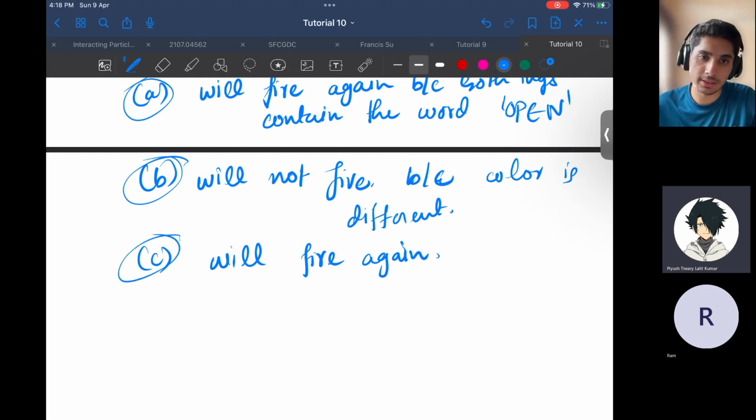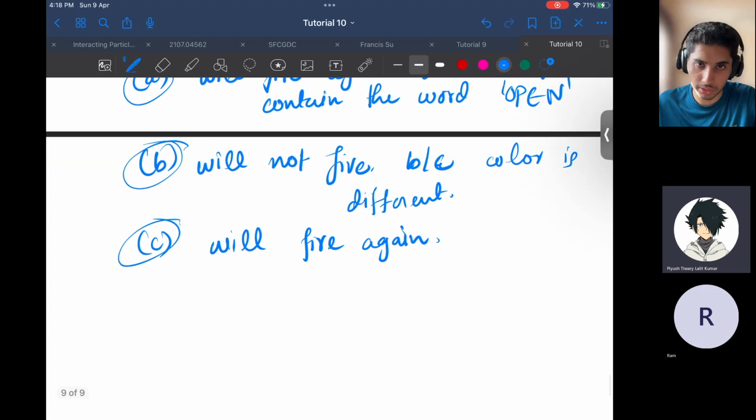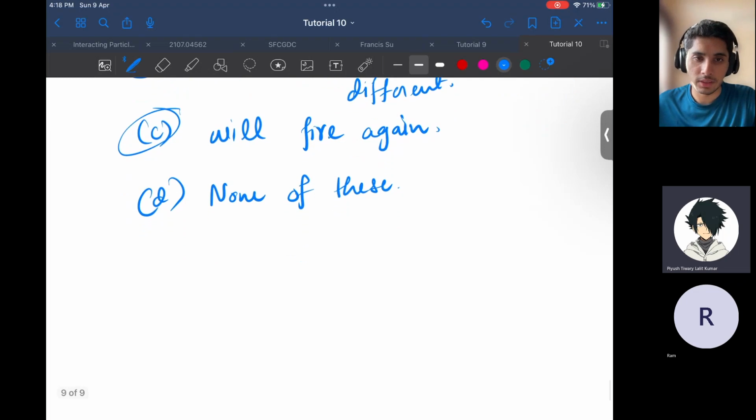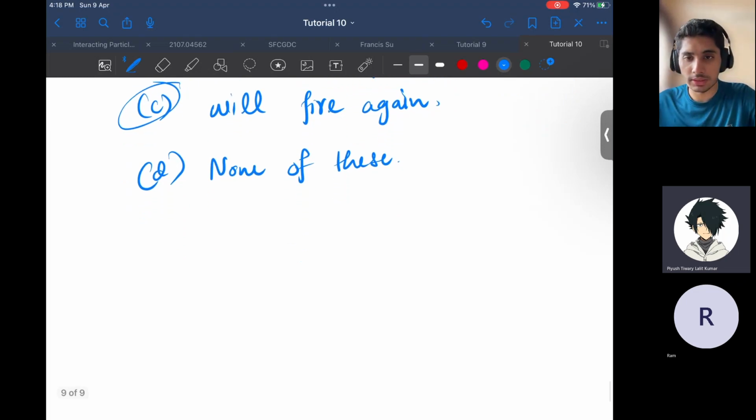So we cannot say if any of these statements is true or not. In this case, none of these will be the correct option, because we cannot say the other options are correct or incorrect for sure. So this was the seventh question.